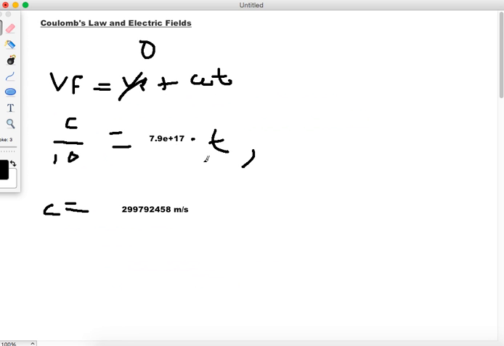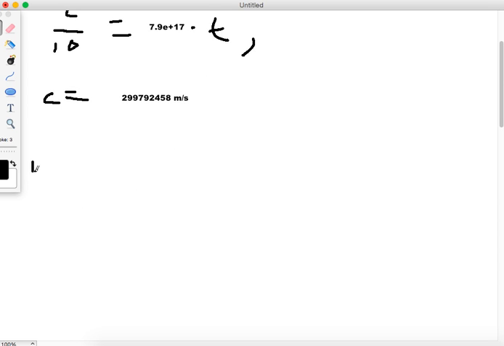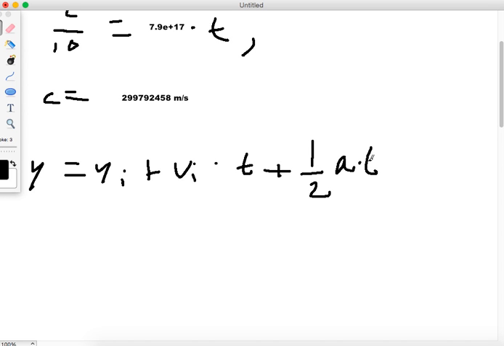How far will it travel? Well, y equals y initial plus v initial times t plus 1/2 a t squared. V initial is 0, forget about this. Y initial, start nothing.